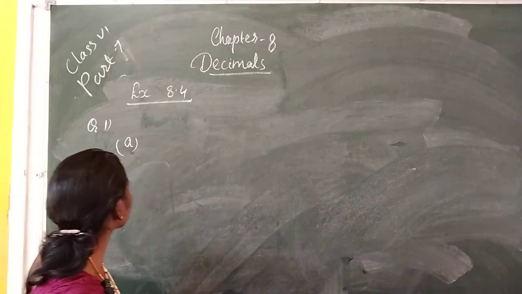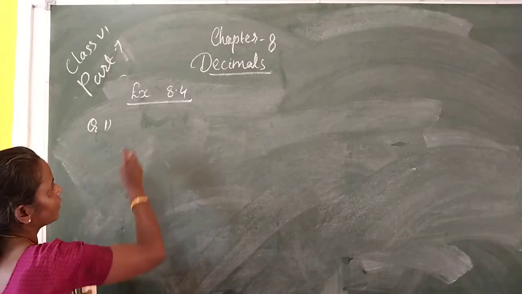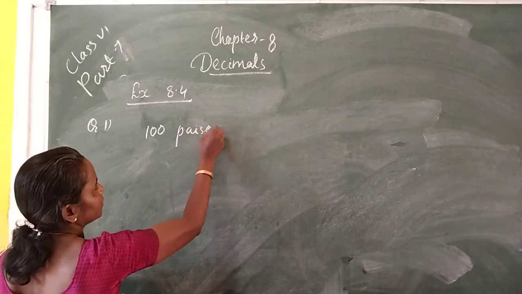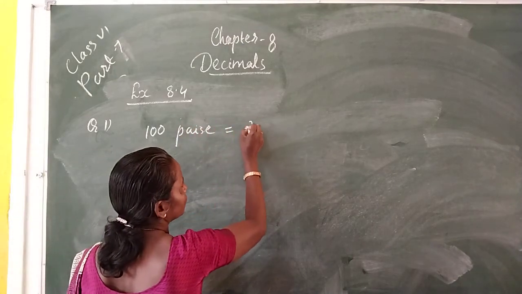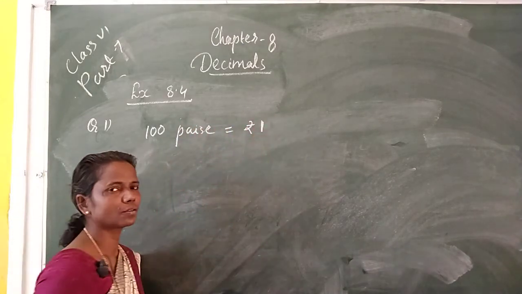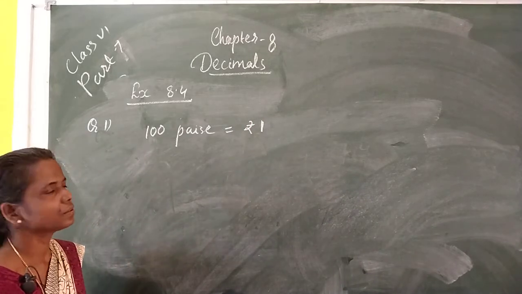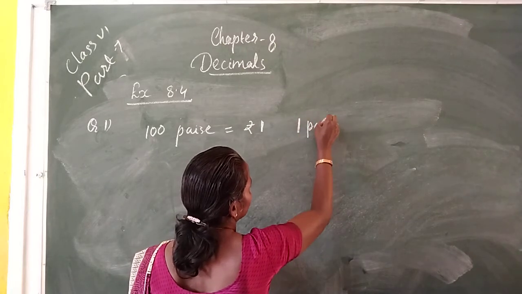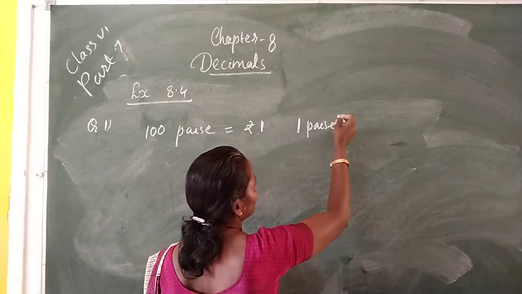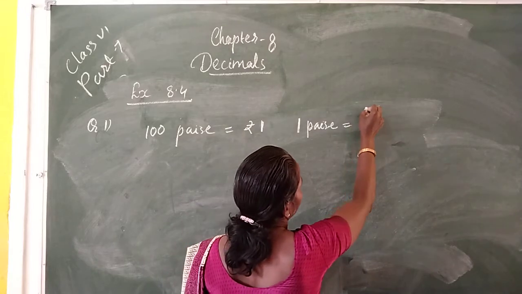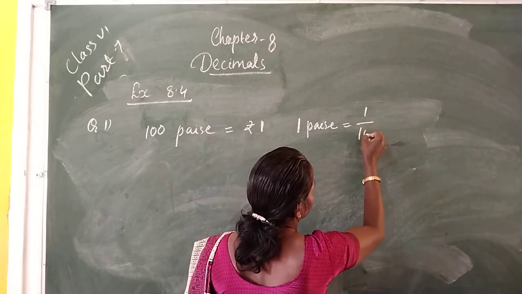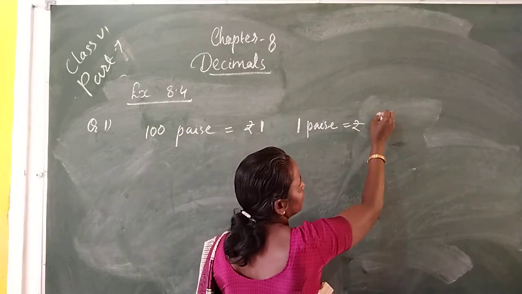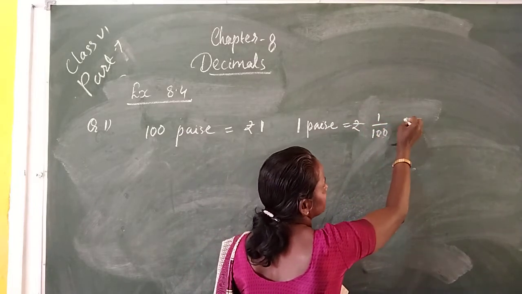Then look, 100 paisa is equal to 1 rupee. So 1 paisa is equal to how many rupees? 1 by 100 rupees.